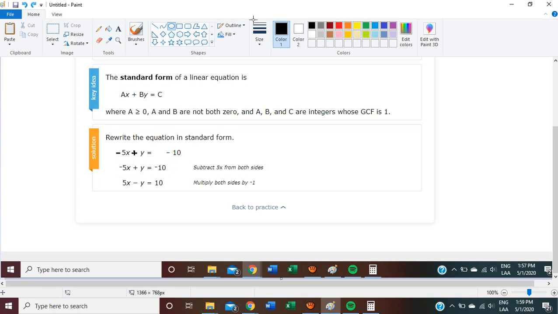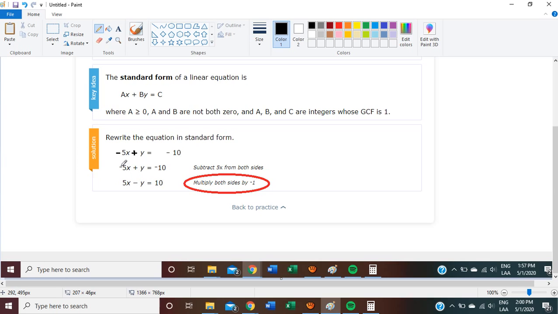Remember that we said that this first number, which is A, had to be 0 or higher, and we see that it is negative. So what do we have to do? We need to multiply both sides by -1, so it is converted to a positive. Or in other words, we just change the symbol of every term in here.